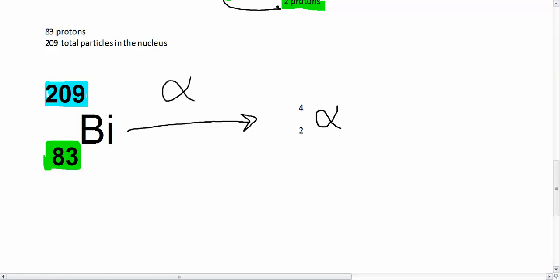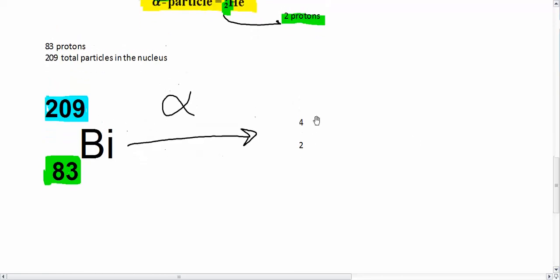Or you could write He. And the reason that you can also call this He is that helium is the element with an atomic number of 2. So an alpha particle in some ways is also just a helium nucleus. It's like bismuth is ejecting a helium.